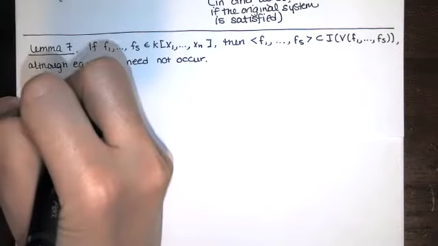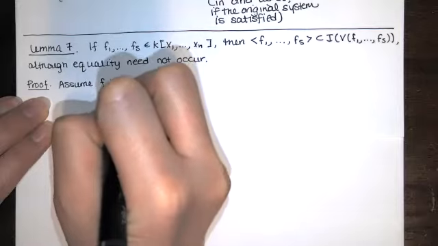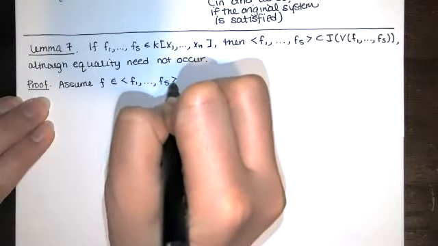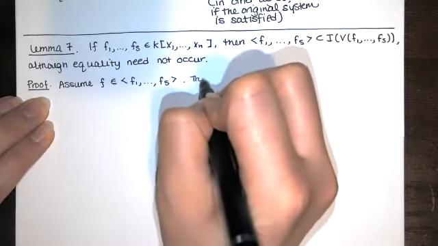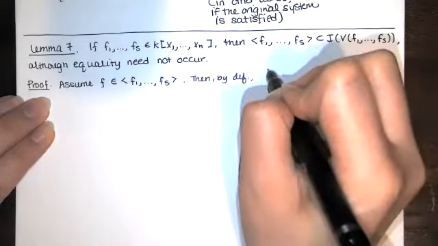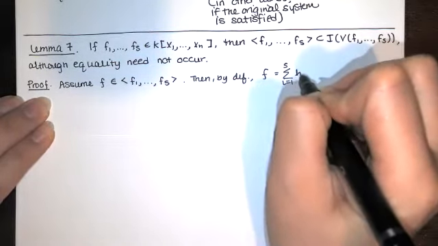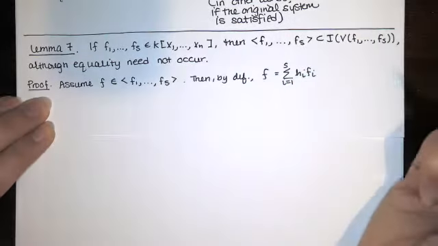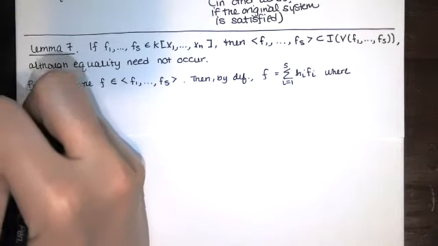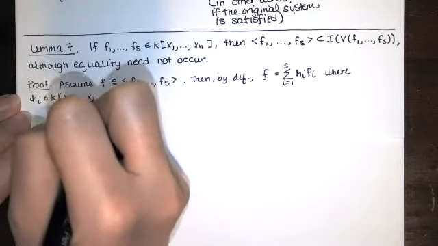So we'll assume that f is in the ideal generated by the polynomial functions f sub 1 through f sub s. Then by definition, remember, f would have to equal the sum as i goes from 1 through s of h sub i times f sub i, where the h sub i are just any polynomials in our polynomial ring.